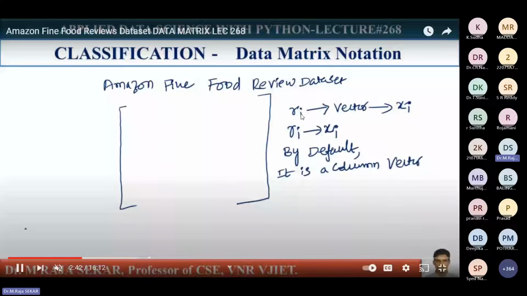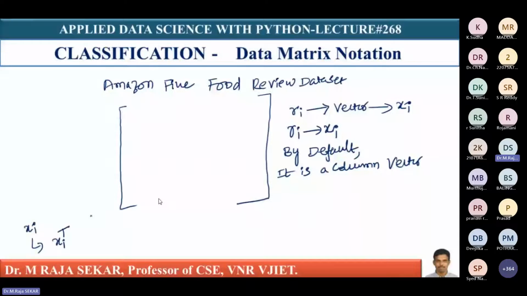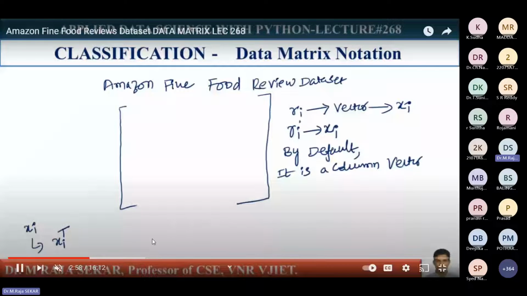R1 is my first row, R2 is my second row, R3 is my third row. My last review is R568,454. Actually, what's happening here? If I keep each review as text in the data matrix, your k nearest neighborhood algorithm cannot understand anything.